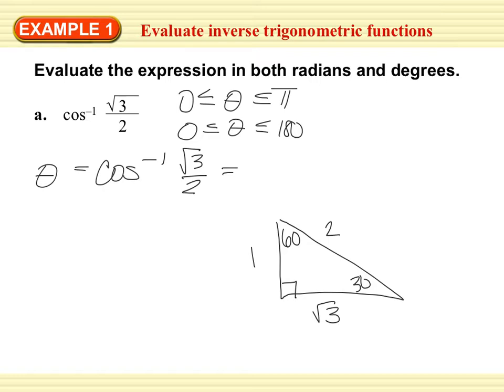I know root 3 over 2 is adjacent over hypotenuse. Adjacent over hypotenuse is valid for theta equals 30 degrees.